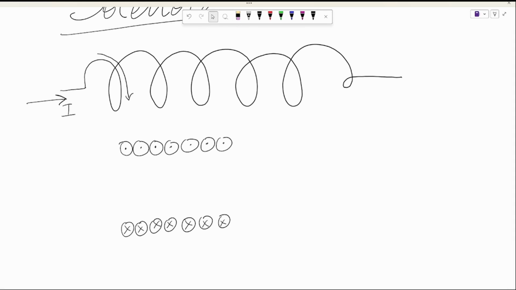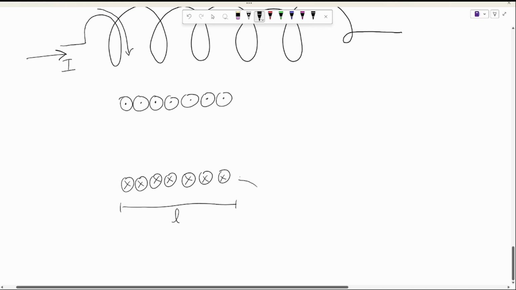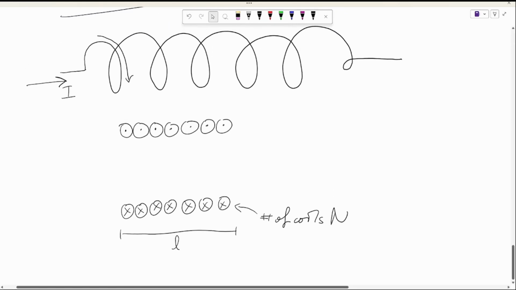It has some length L, and it has some number of coils N. What we're going to do is use Ampere's law, so we're going to draw our surface like so.